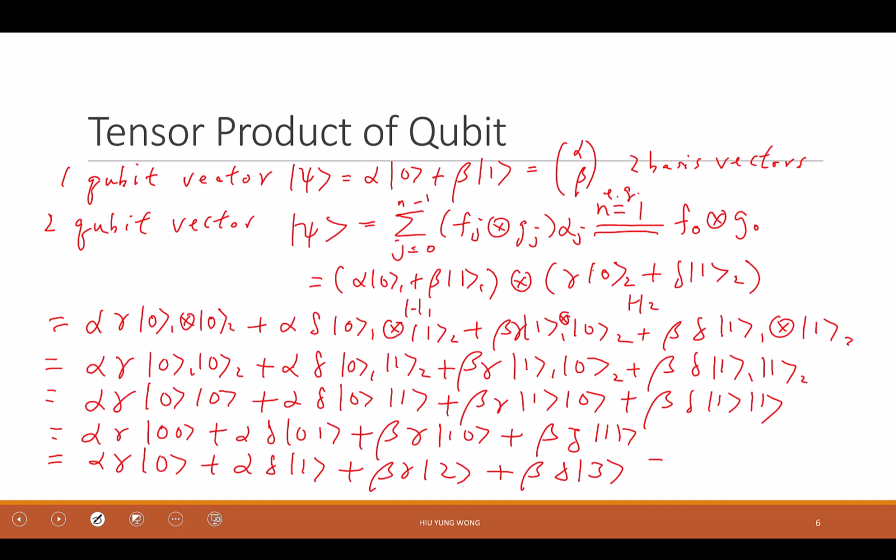And this one, if we write it in the column form, it becomes alpha gamma, alpha delta, beta gamma, beta delta. The first says we have so much component of the first basis, so much component of the second basis, so much component of the third basis, and so much component of the 4th basis, right? Which is 1, 1.